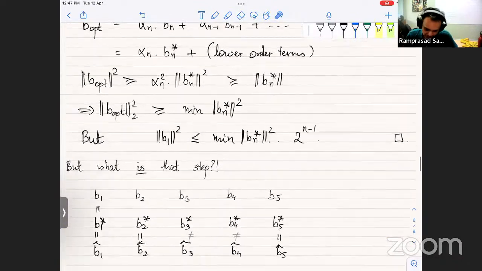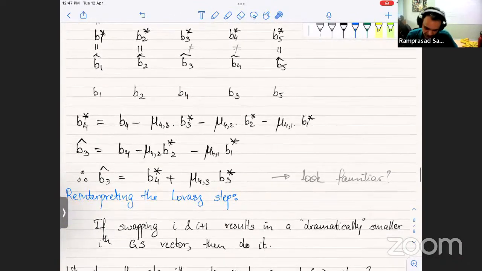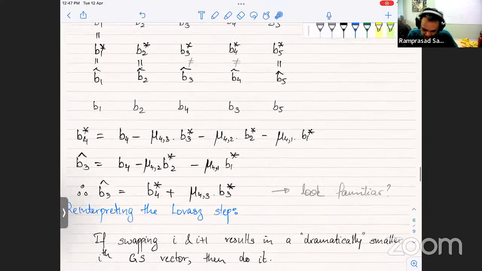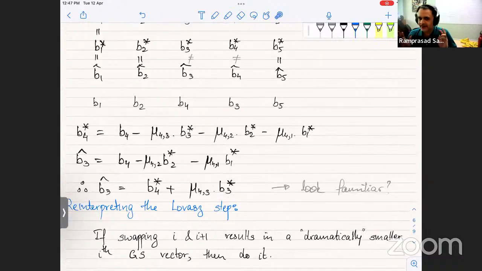So another way of stating this is the following. If I end up swapping 4 and 3, the third vector will now be B3 hat. But if I didn't swap 4 and 3, the third vector is B3 star. And what we are asking is, does swapping I and I plus 1 result in a dramatically smaller ith Gram-Schmidt vector?